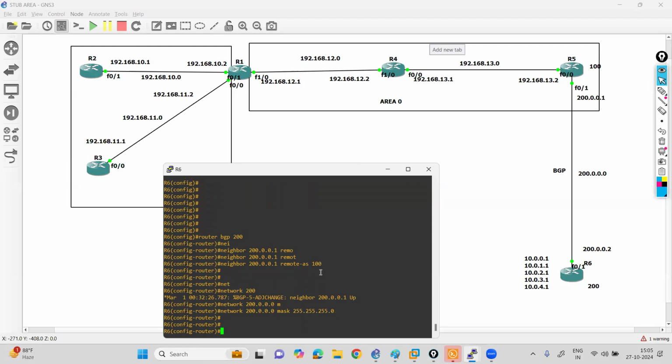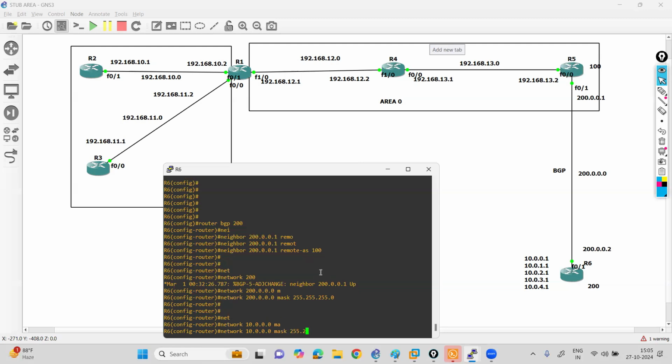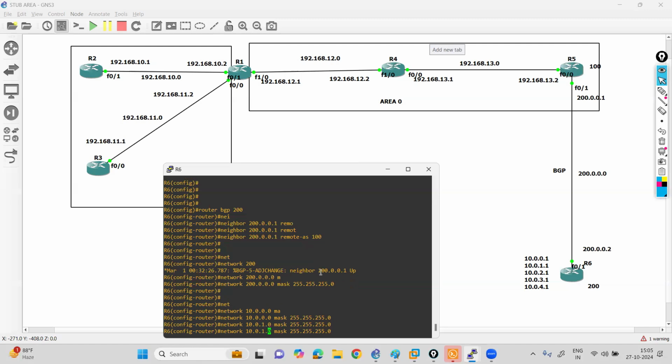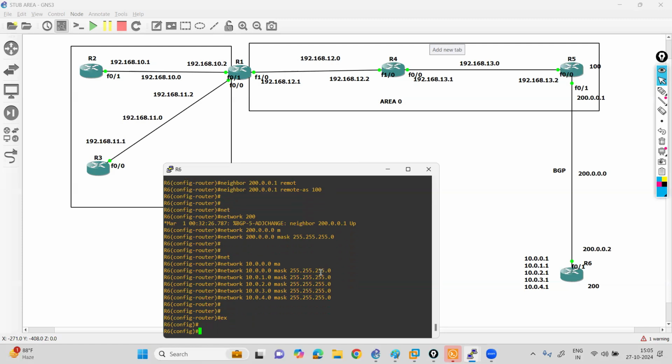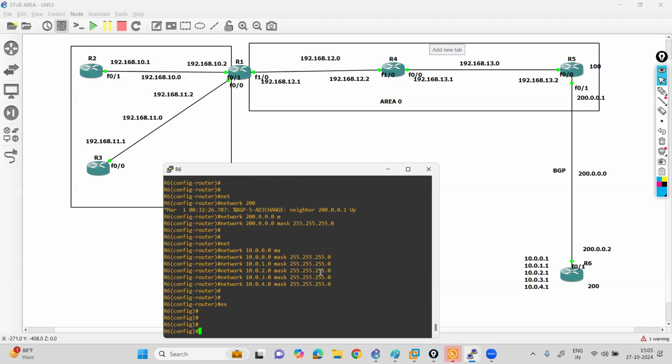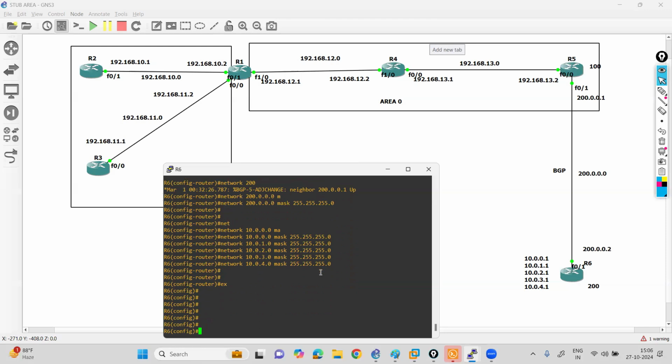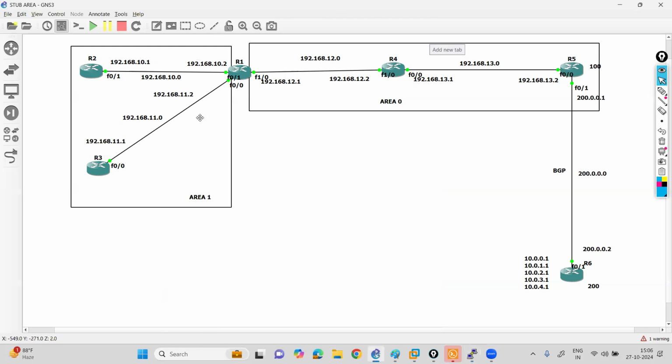Next network will be network 10.0.0.0 and mask will be 255.255.255.0, right? 10.0.1.0, 10.0.2.0, 10.0.3.0 and 10.0.4.0. Okay, dear. So we just provided the network over here. Now let's see how many routes are there in the table.